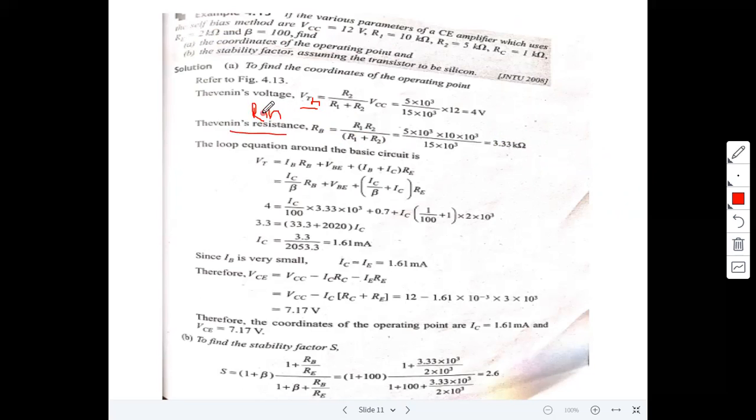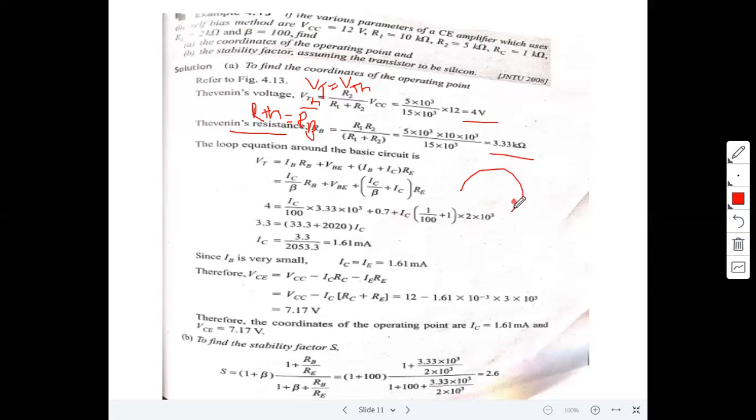So far we used the notation VTH for Thevenin voltage and RTH for Thevenin resistance, but in this problem we consider VT and RB. V Thevenin is equal to 4 volt, R Thevenin is equal to 3.3 kilo ohm.